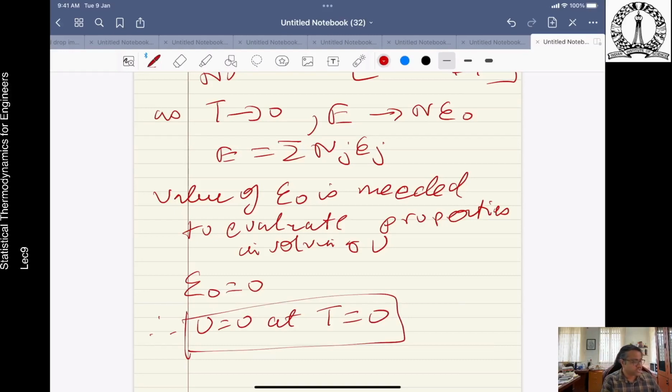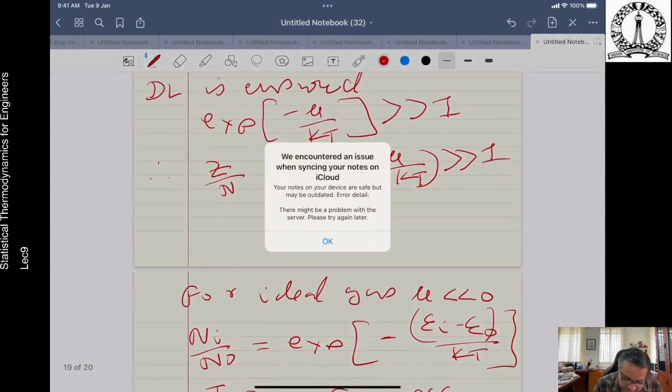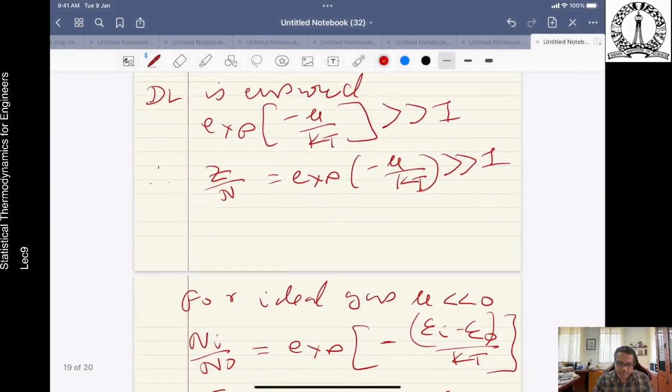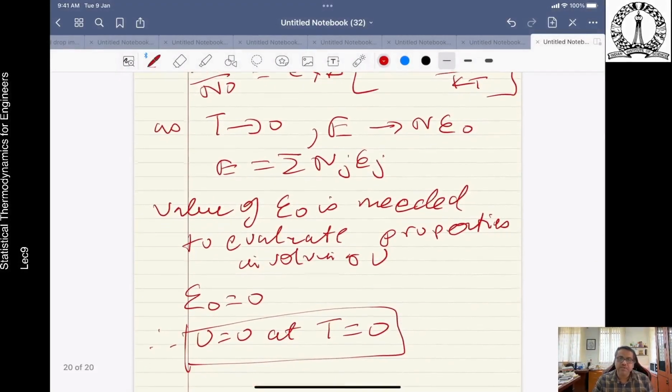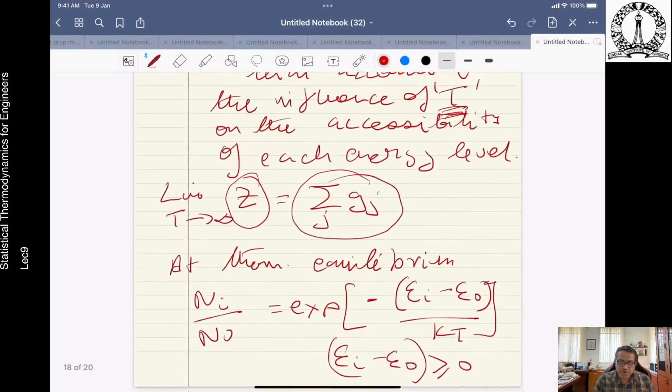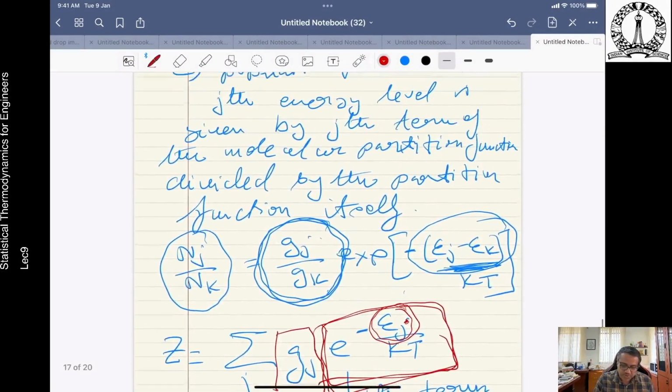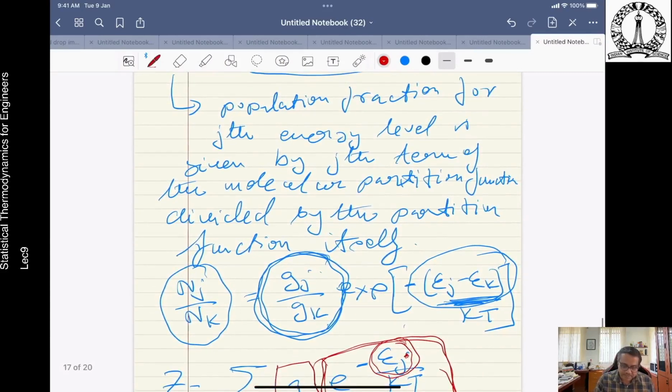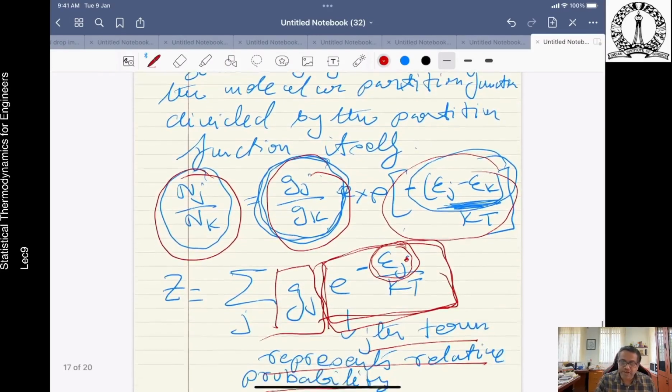So in the next class, we will do a problem on this degeneracy. You have gone through the steps now. Just to do a brief recap, this is the relative probability, given by the ratio of the degeneracy and the weighing fraction.